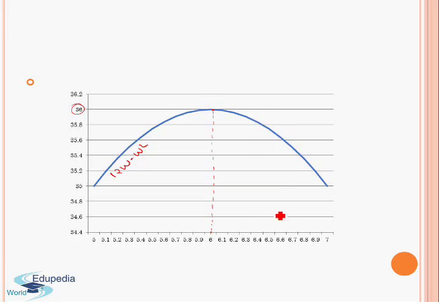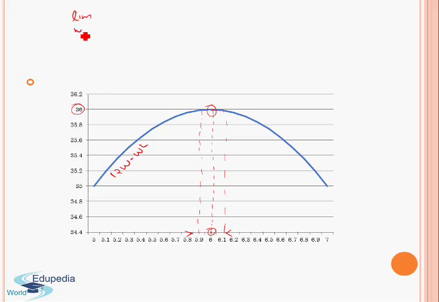Okay, we can see that as we approach this limiting value, either from right hand side or from left hand side, the function tends towards 36.